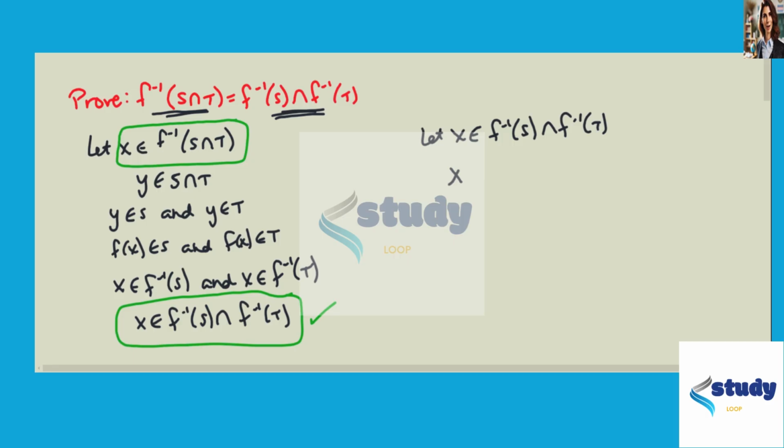So since x is an element of the intersection, that means that x is an element of both pieces. Okay, so if x is an element of the inverse of s, then y is an element of s. Same thing here, y would be an element of set T. Since f of x equals y, I can make this substitution.